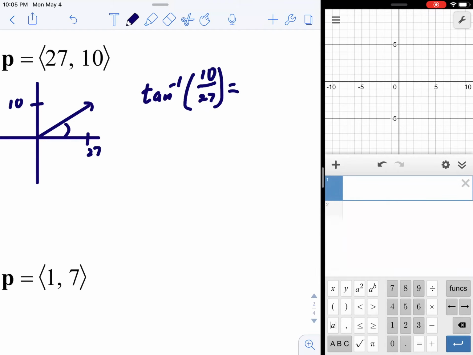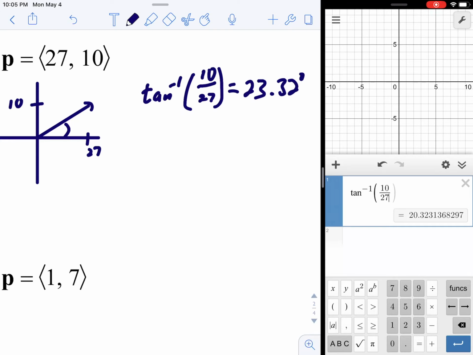Let me delete some of these. Inverse tangent of 10 over 27, 23.32 degrees. So that's how big, if this were a triangle, that's how big that angle is right there, 23.32 degrees. But that happens to be the vector angle.